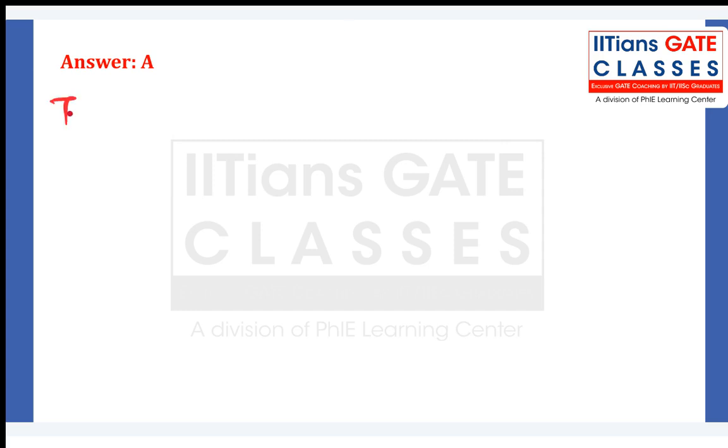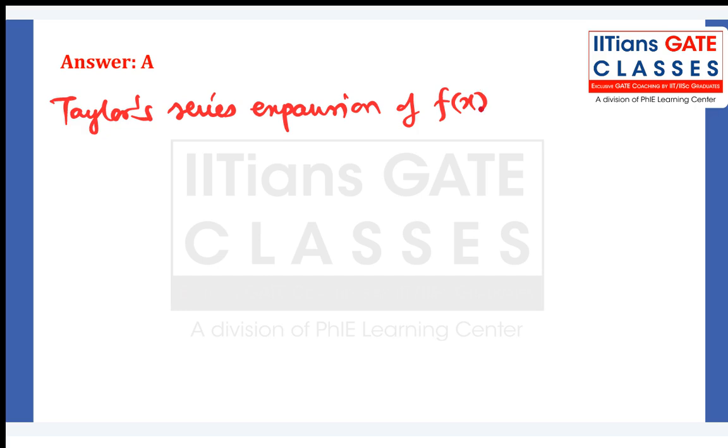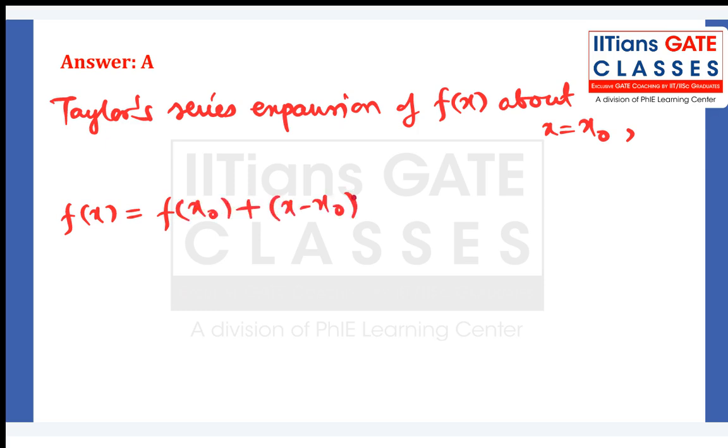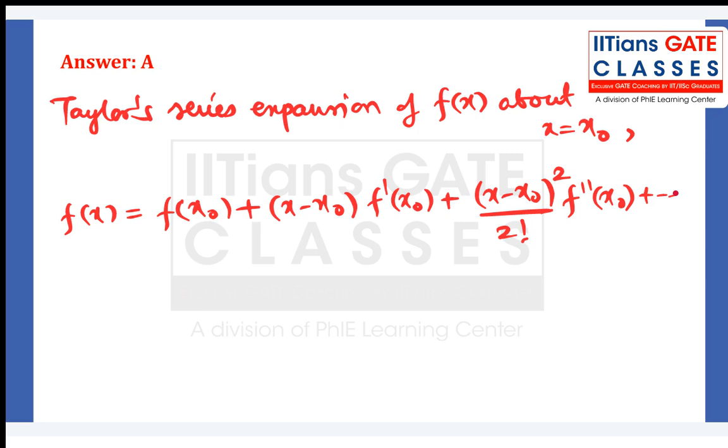The Taylor series expansion of, let's say, f of x about some point x naught is given as f of x equals f of x naught plus (x minus x naught) into f dash of x naught plus (x minus x naught) whole square by 2 factorial, then the second derivative of f of x evaluated at x naught, and so on and so forth.